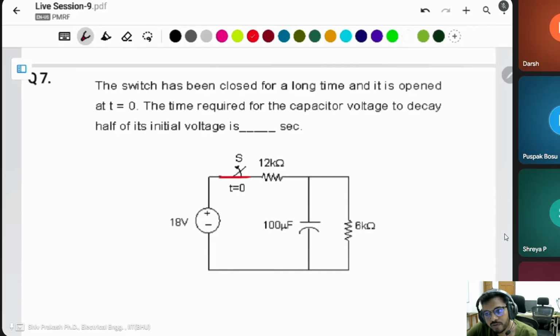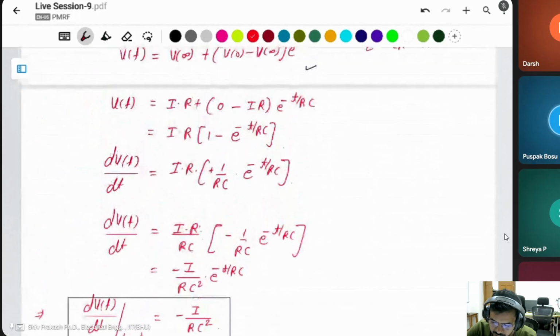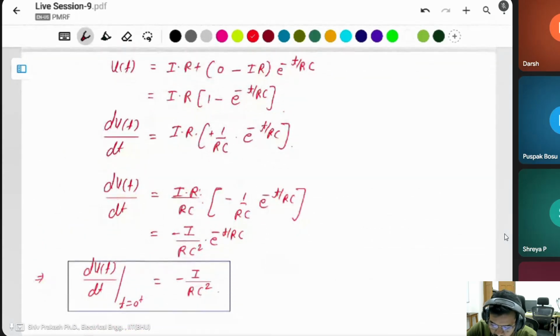First of all, sir, can you show me what is the answer of the previous question? Simply you have to find the voltage of the capacitor.